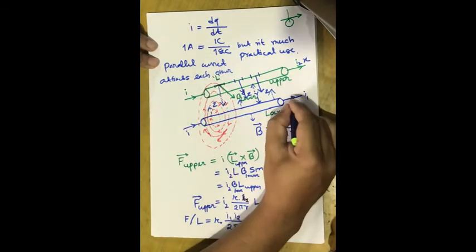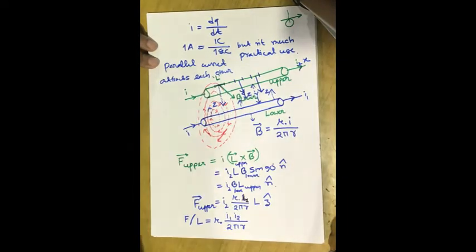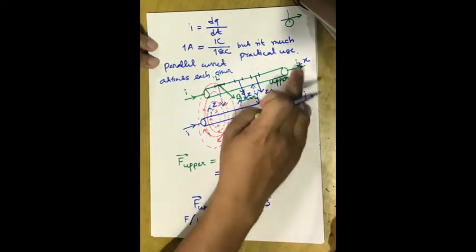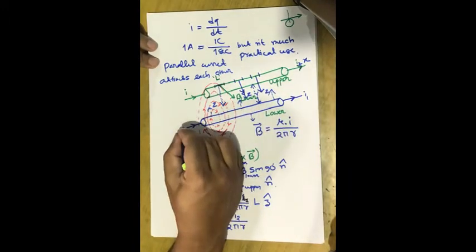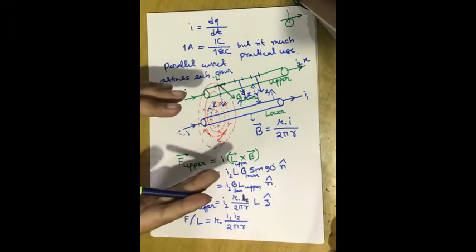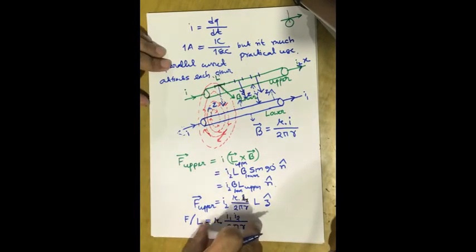Here, parallel means current in the same direction: I1 is in this direction, I2 is also in this direction. And if I1 and I2 are in opposite directions, say I2 is along this direction and I1 is along this direction, in that case there will be a force of repulsion. And the force per unit length will be exactly the same. F by L always will be mu naught I1 I2 over twice pi R.